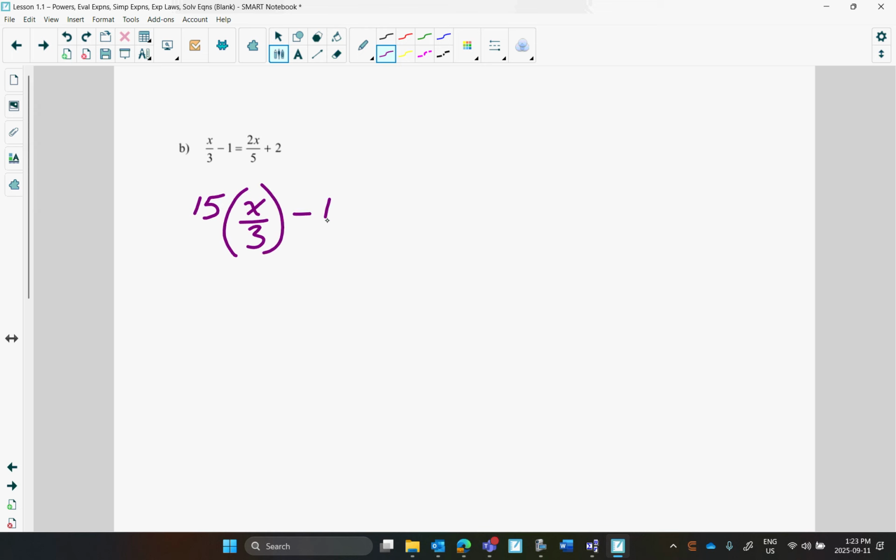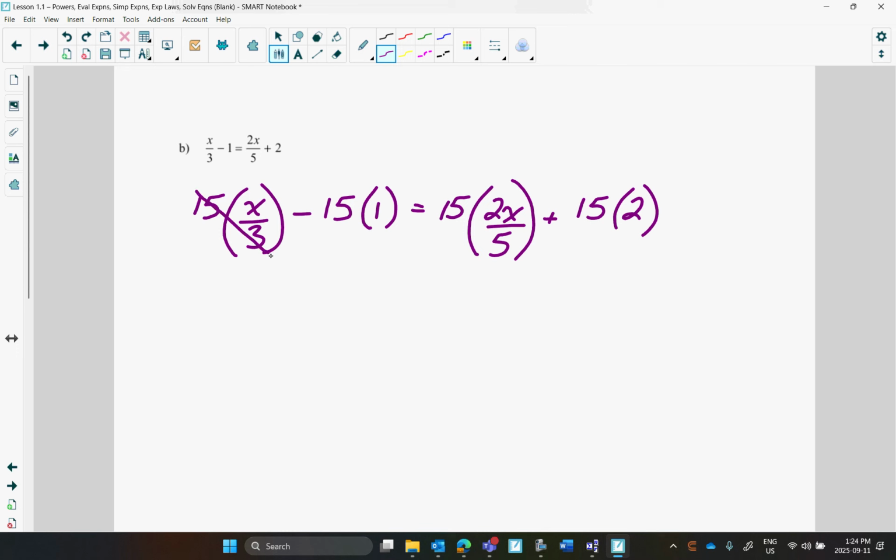So we get that. And now when you get to the fraction ones, just do 15 divided by the denominator, and 5 times x is 5x. Well, 15 times 1 is just 15.